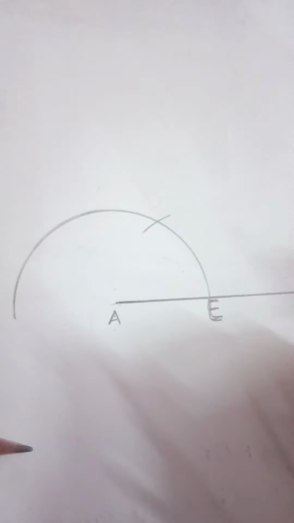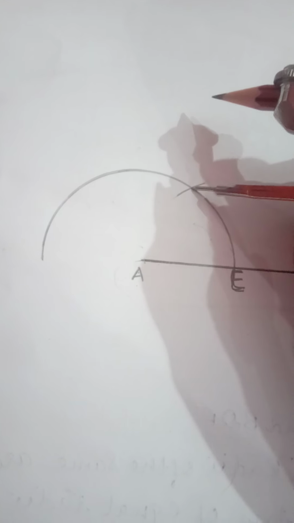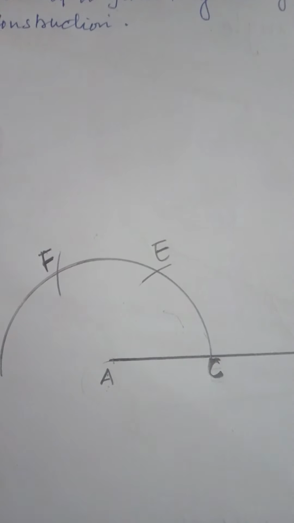Now mark E as the center and make an arc here, and make this as center and mark the arc here. Let us mark this as E and this as F.